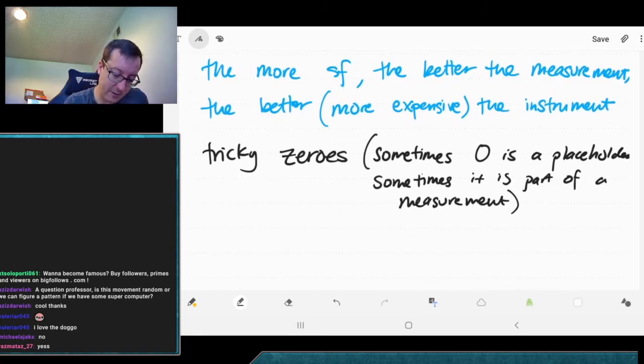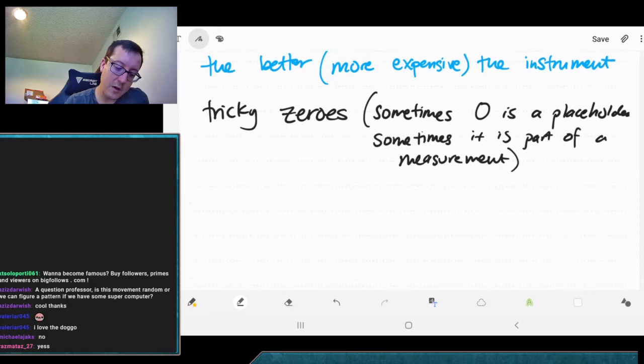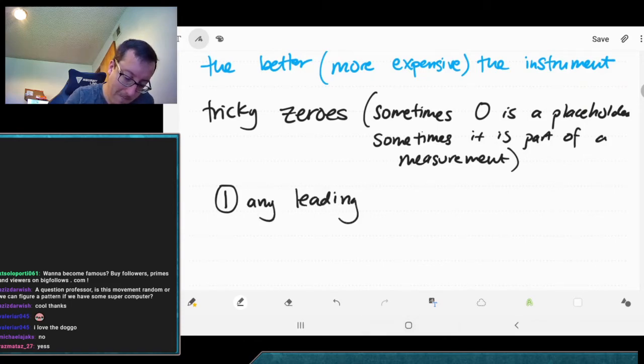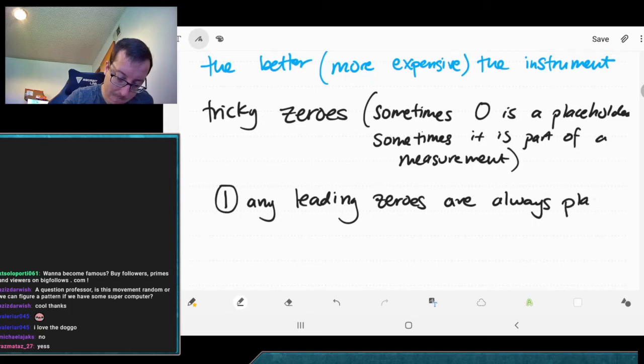All right, and so we're going to see that we have 3 rules here. Rule 1 for zeros is any leading zeros are always placeholders, which means that they are never significant.